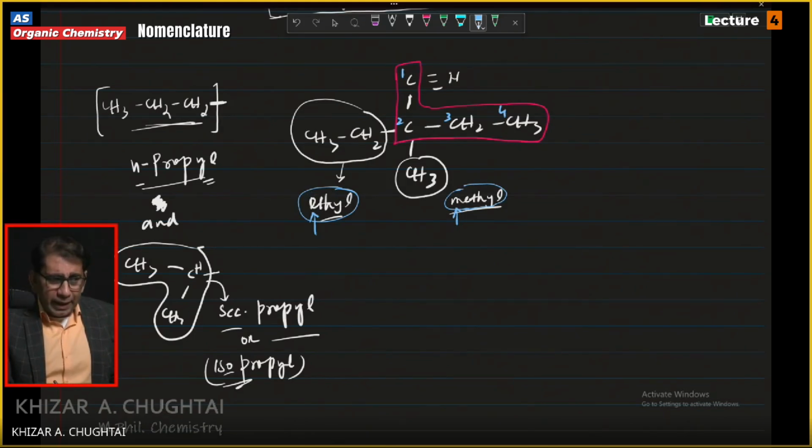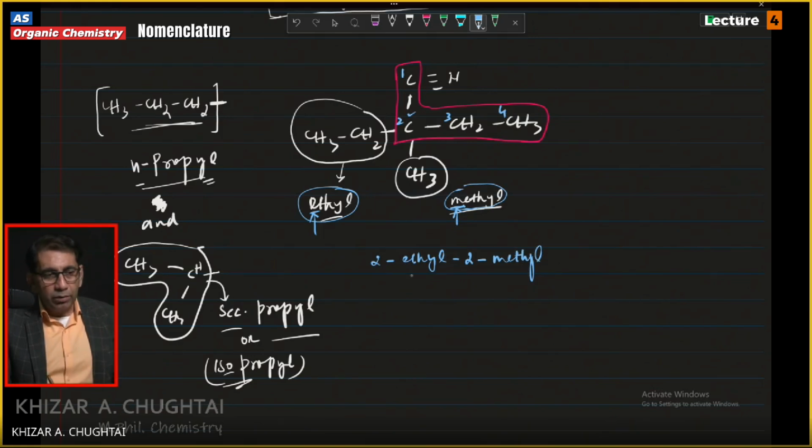Its first alphabet is E, and the next branch starts with M. Alphabetically, E comes first, so I will write the name of ethyl first. What is its position? 2. So 2-ethyl, again a dash, 2 again a dash, methyl.